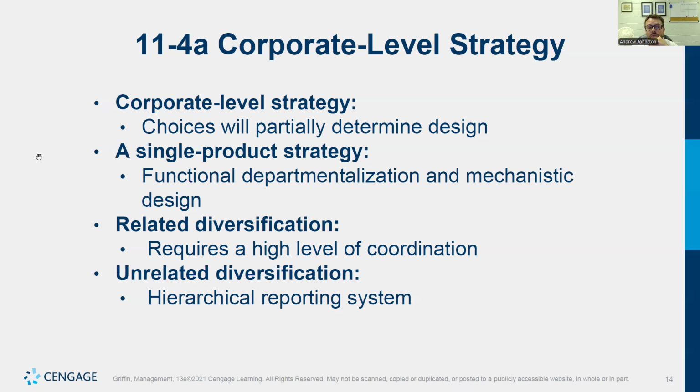If we do talk about related diversification, well, now we need to maybe consider other organizational design forms that we've talked about, maybe that are more product related. Maybe now we departmentalize based on product rather than on function. And then when we get into unrelated diversification, we have yet again different considerations and different variables perhaps upon which we decide to departmentalize the structure of our firm.